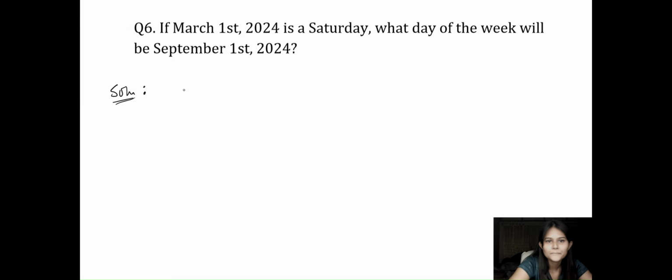So in March, how many days are there? 31. But I'm already on the 1st, so I'll consider 30 days. And how many odd days therefore? 2 odd days, right? April, how many odd days? Clearly 2 odd days.